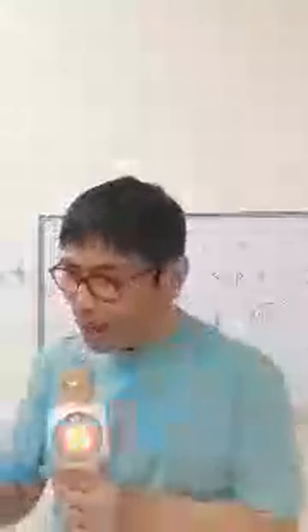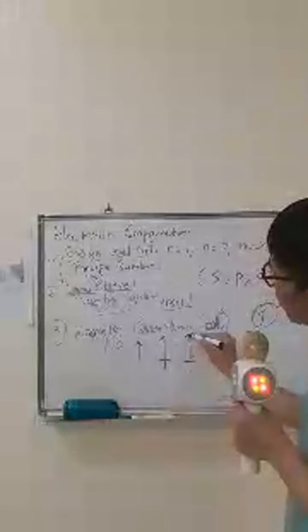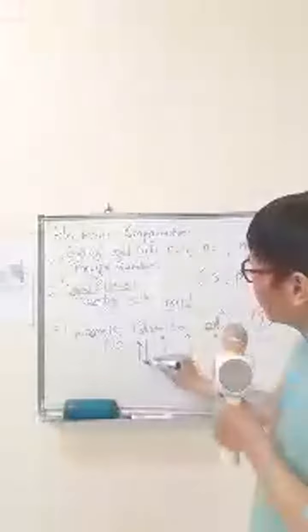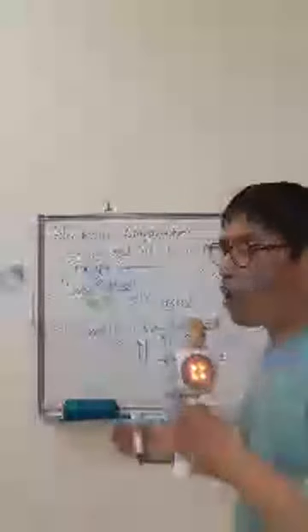Arrow up, second orbital, and then in the second round, all will be going down. The going up and going down is our magnetic spin, which we are not yet discussing.